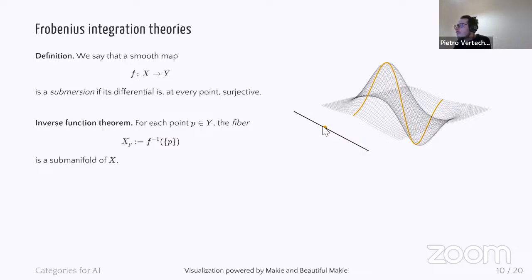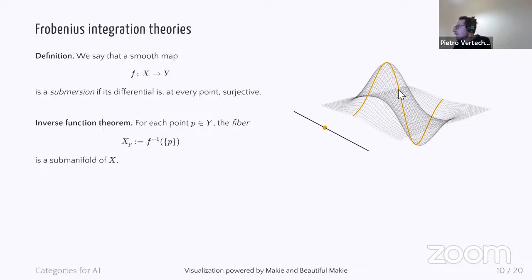So it's the subset of X that is mapped onto this point P. And now what the inverse function theorem says, thanks to the submersion assumptions, is that this subset here is not just a subset of X, it's actually a submanifold. And we see it in practice in this example.